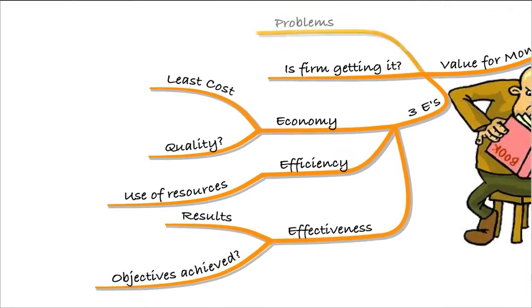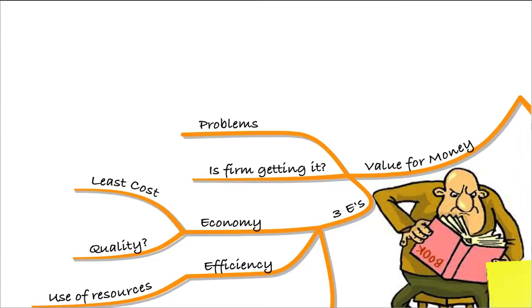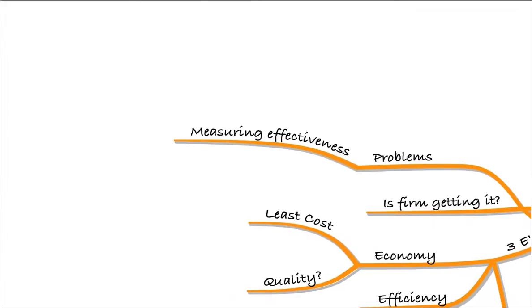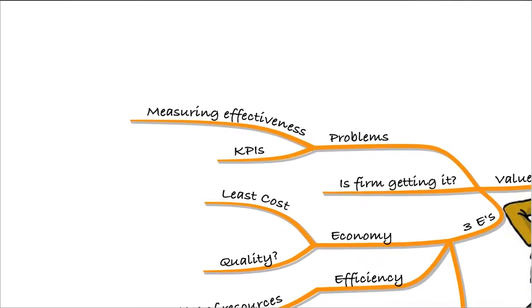There are, however, some problems. One of the main problems when it comes to value for money auditing is measuring the effectiveness of a particular area. It may be that they're not simply thinking in financial terms. They may well have KPIs, key performance indicators, that they need to see if they're being achieved or not. Those KPIs may be difficult to set and they may be difficult to measure.